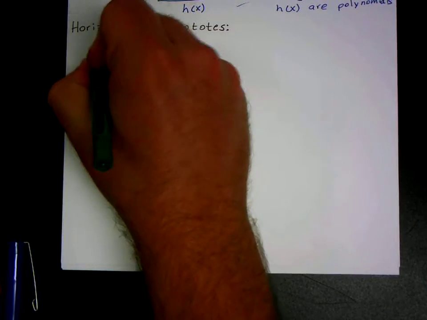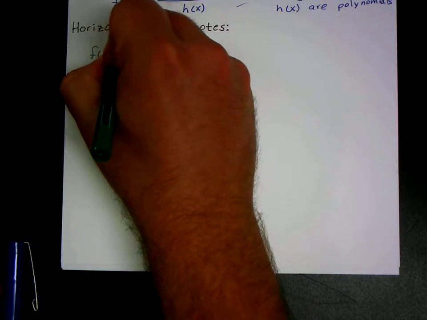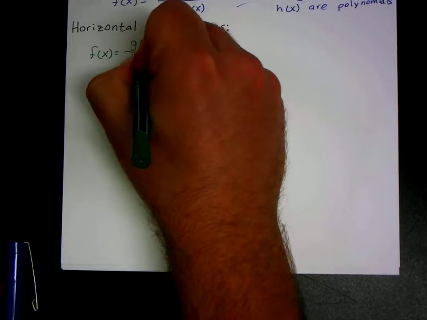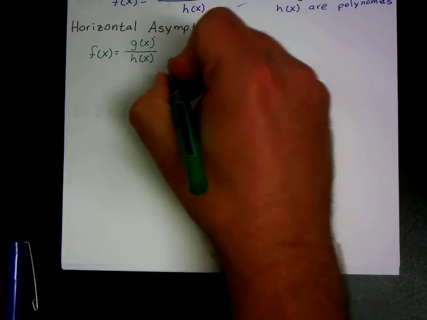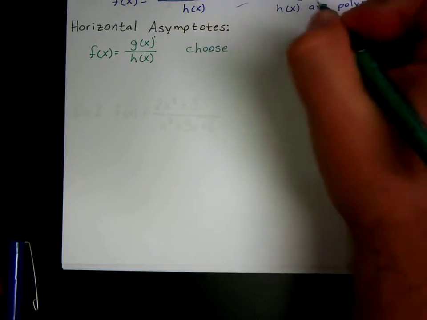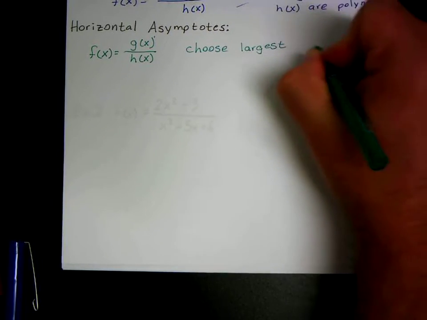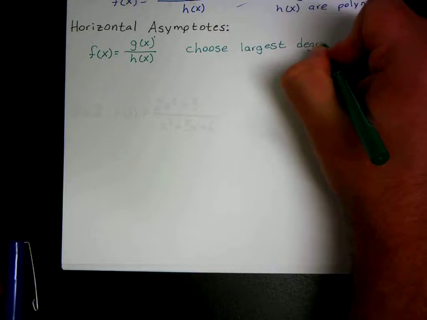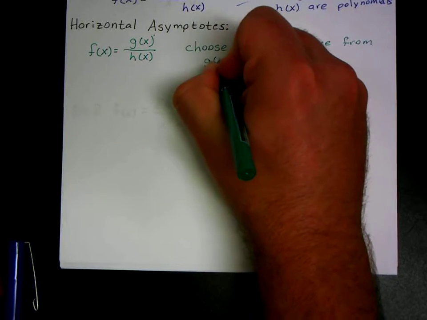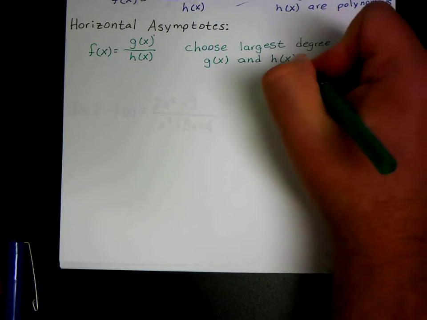What you do is you choose the largest degree from your two polynomials.